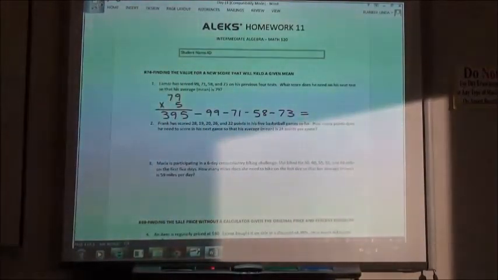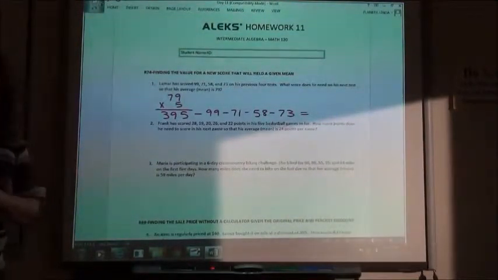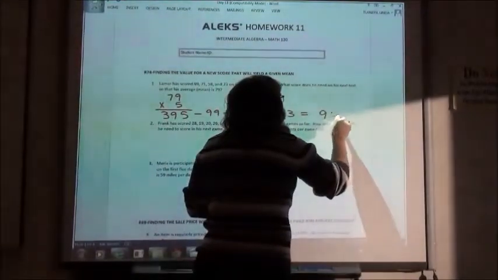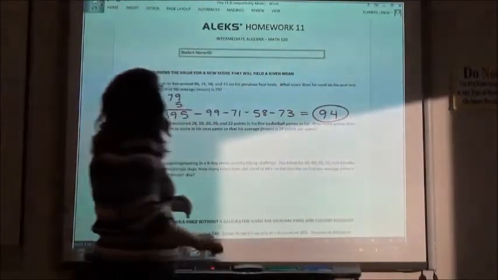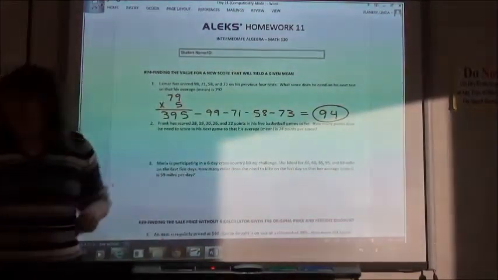At the end, you should have what the last test has to be. 94. So he has to get a 94 on his last test so that his average is 79 to make up for that really bad 58 he got.